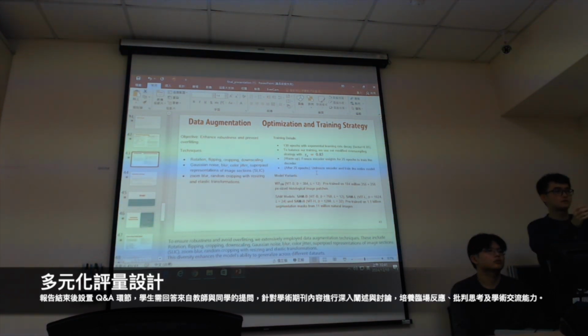They freeze it so the weights are not updated. After 25 epochs, they train the whole model. So when they say they unfreeze the encoder, it means they can also update the weights of the encoder. So they didn't just use the encoder, they also train it.